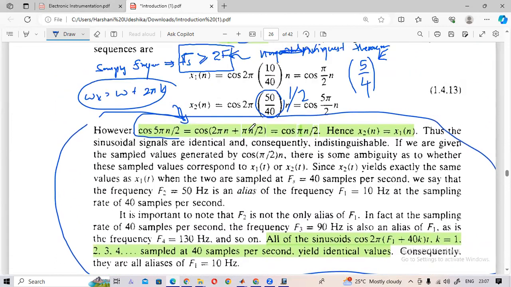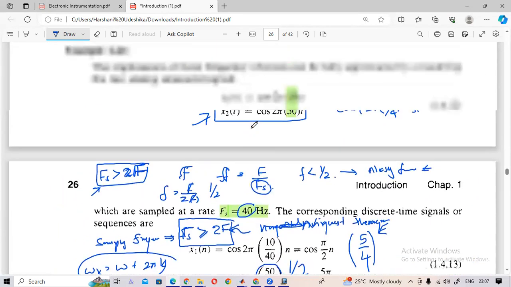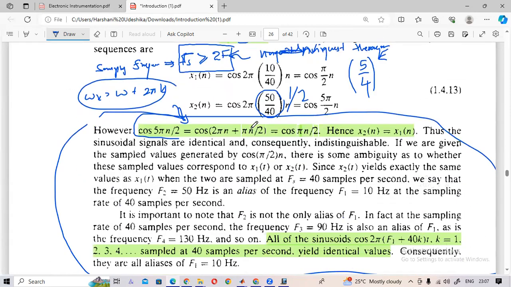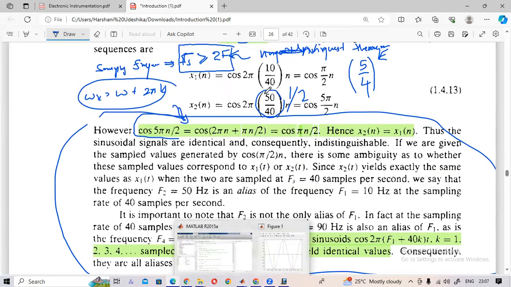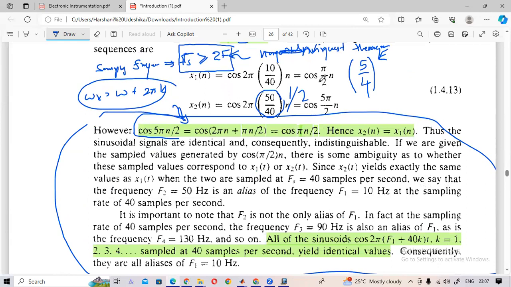Please try to understand this by yourself. If you can draw the signal by hand, that is very good, and you can get the idea very well there. Rather than using MATLAB, if you can draw this signal on the same time scale, then you can get a good idea.